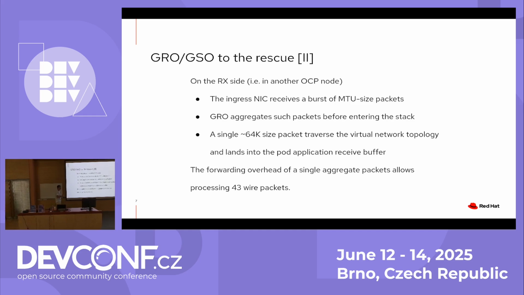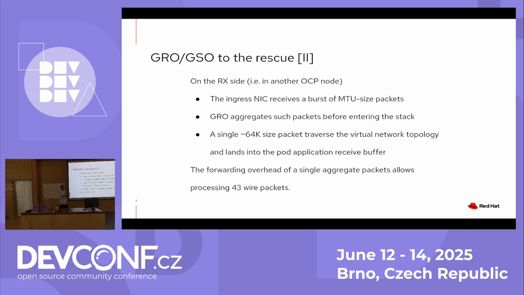GRO is basically a technique that allows aggregating many MTU size packets into a single GSO packet. Packets are aggregated basically when the headers of the packets to be aggregated match each other. And GRO will build this GSO packet that will be at most 64 kilobytes wide.